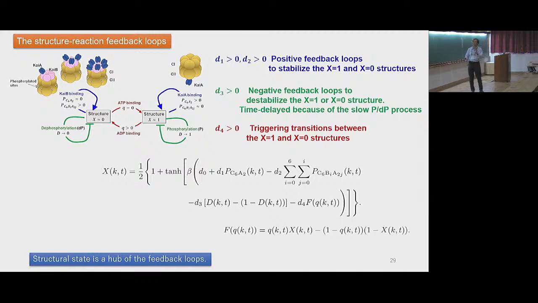Given these P, D, Q variables as a static external field, we can solve the X variable like an Ising spin under the influence of the external fields of P, D and Q.